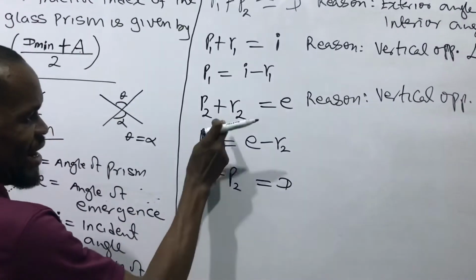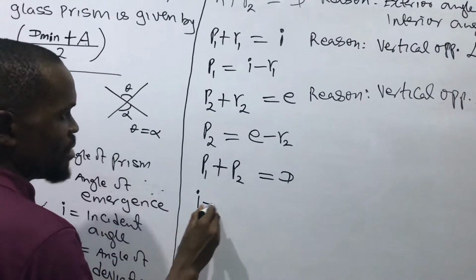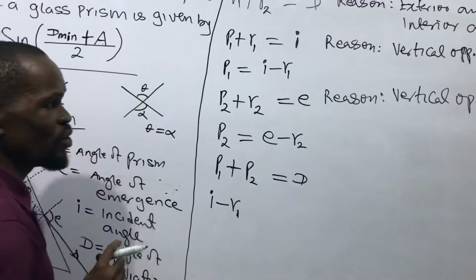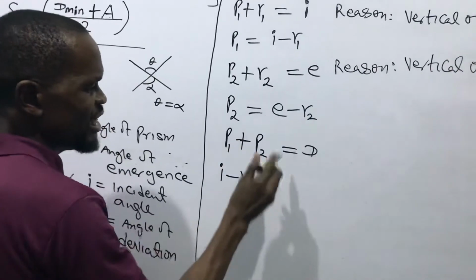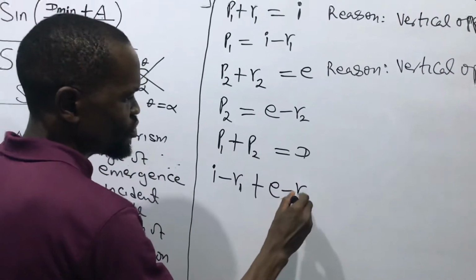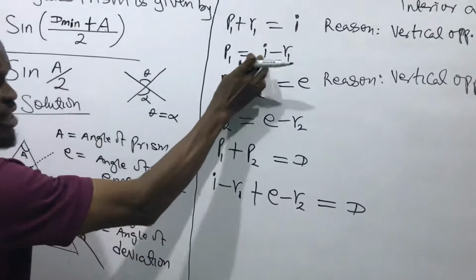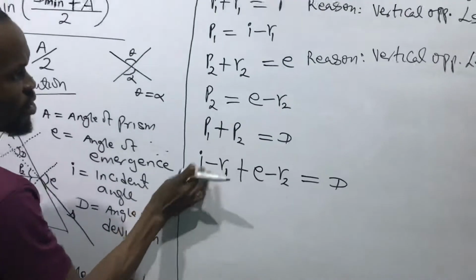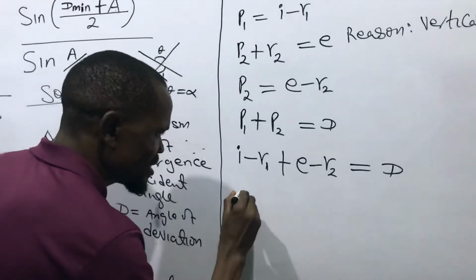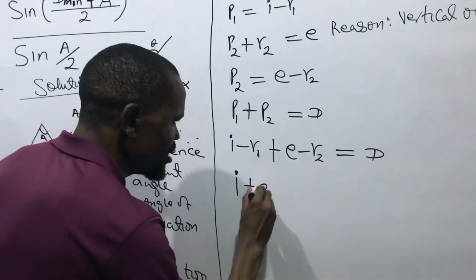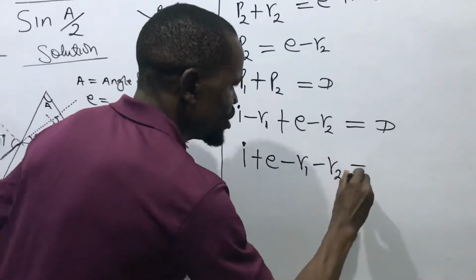Then now, I can use I minus R1 to replace P1, plus E minus R2 to replace P2, and it is equal to D. Then I can collect like terms by saying I plus E minus R1 minus R2 is equal to D.